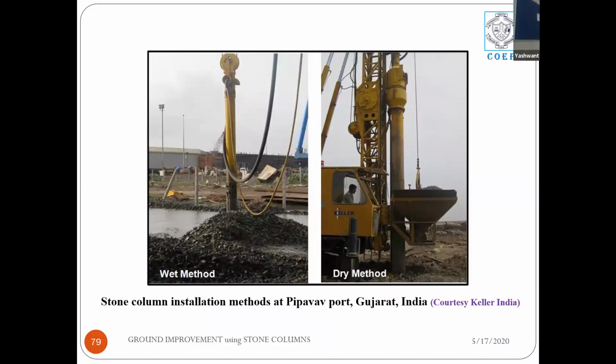Whereas in case of the dry method, there we can see a hopper that is provided. It is filled with the aggregates, and this entire assembly goes up. Now here we can see there is an opening that is provided. The hopper is lifted to this particular location, and through this opening provided in the probe, a gate is provided.